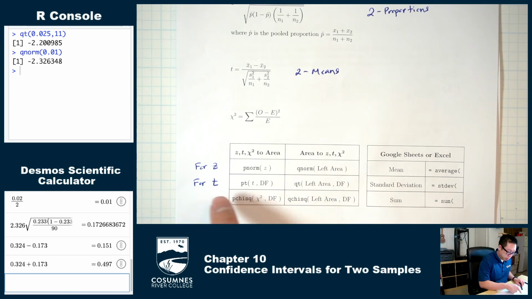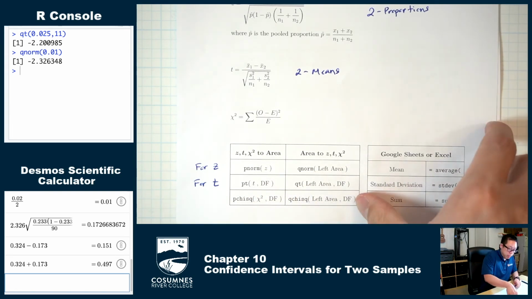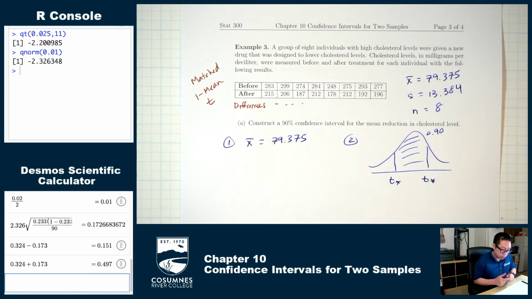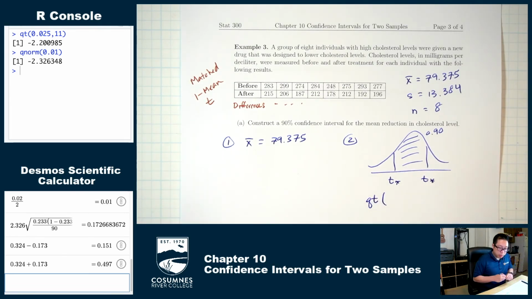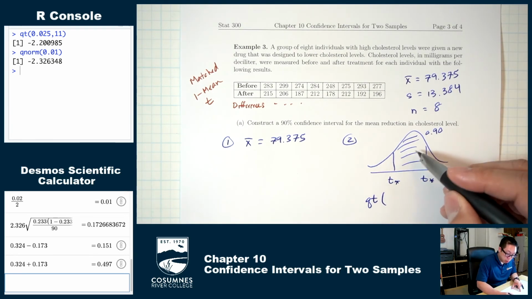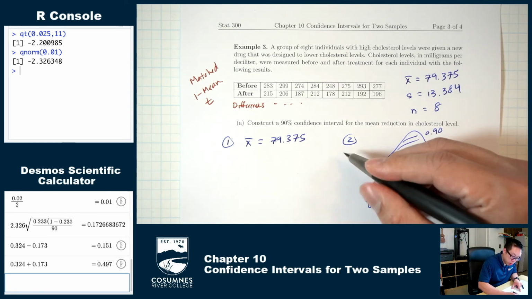Area to t for the t situation is qt, left area, df. So we do qt, left area, df. Left area of this picture is this left unshaded part. Shaded part is 0.90. I'm going to first do 1 minus 0.90.